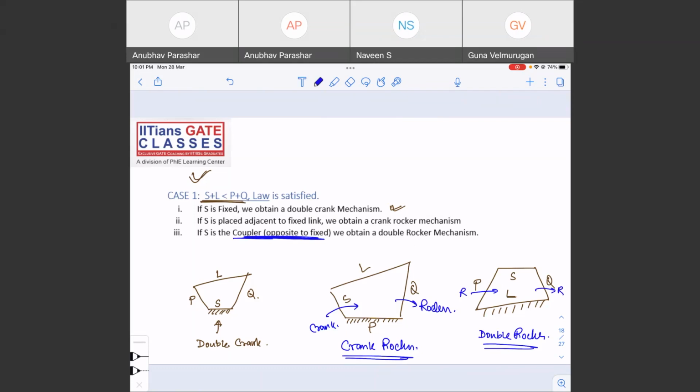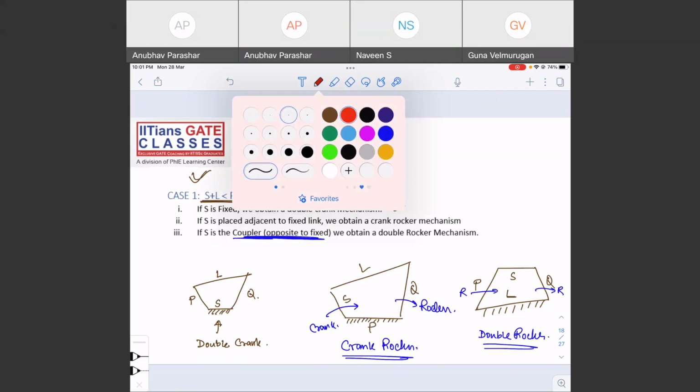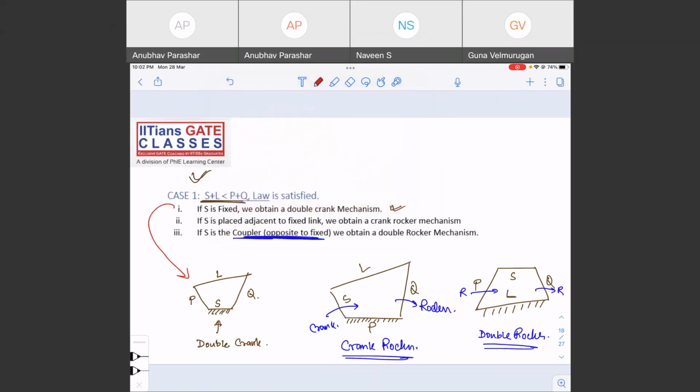So please remember, all of you: if the smallest link is fixed, you're going to get a double crank. Input is a crank, output is a crank. If the smallest link is placed adjacent to the fixed link, what you're going to get is a crank rocker.